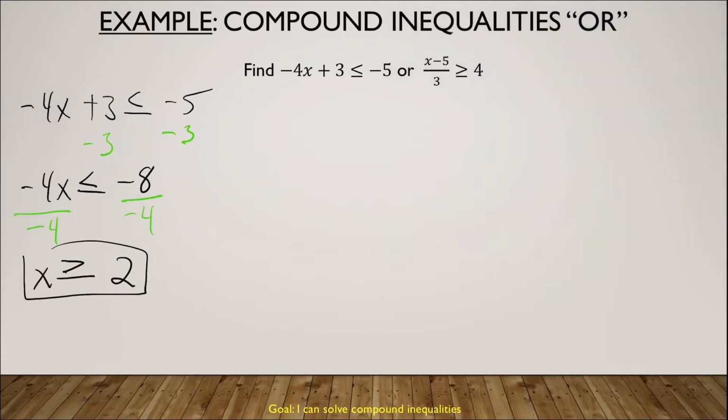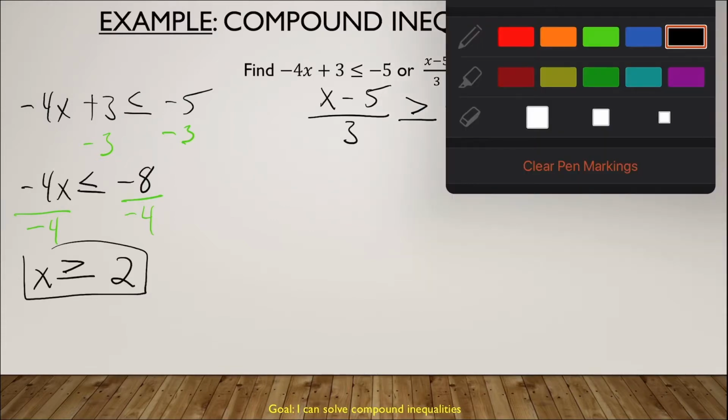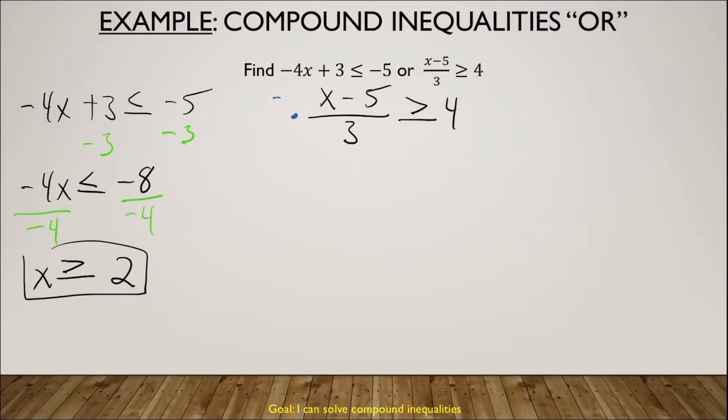The next inequality, we have (x minus 5) divided by 3 is greater than or equal to 4. I first need to multiply by 3 on both sides to get rid of this 3. We're trying to get x by itself. Those 3's cancel out, and I get x minus 5 is greater than or equal to 12.